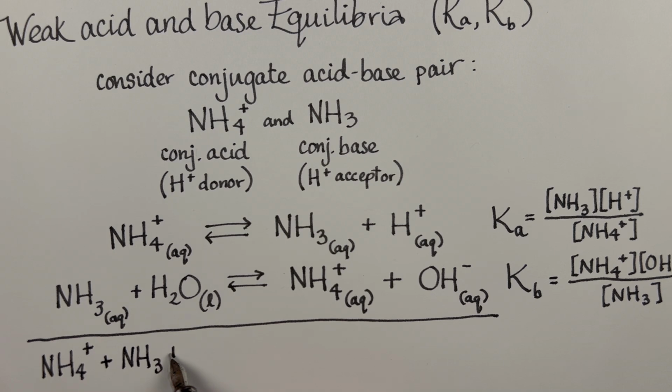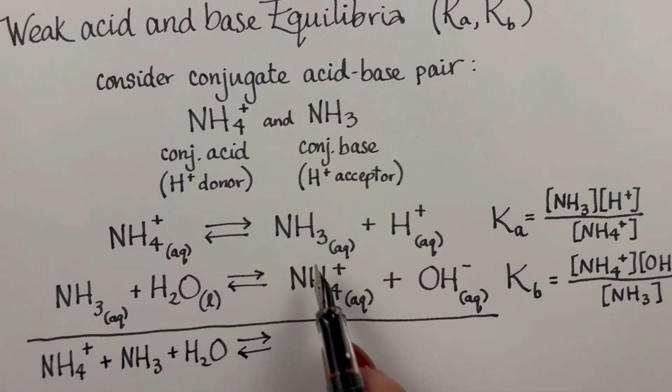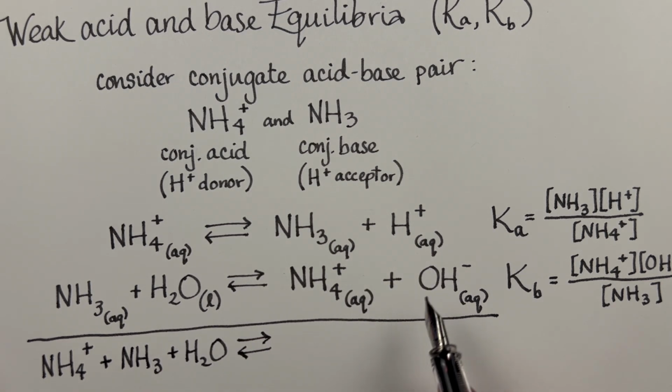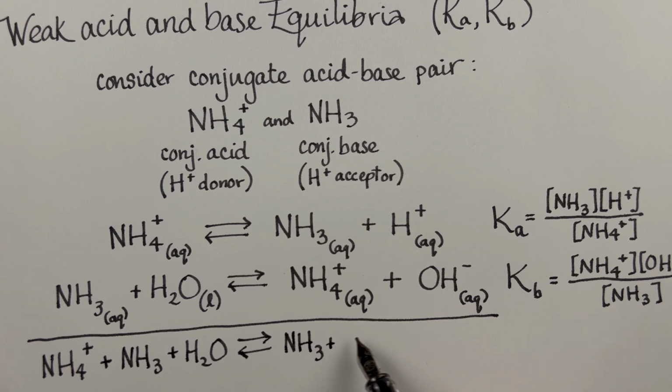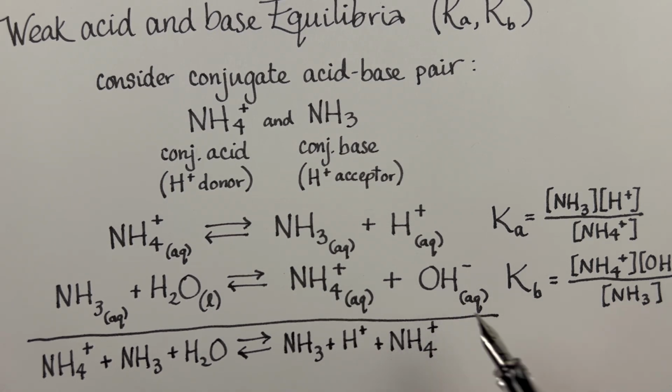NH3 plus H2O. Okay, and now we can add up all the products on this side. We have NH3 and H plus and NH4 plus and hydroxide, OH minus.